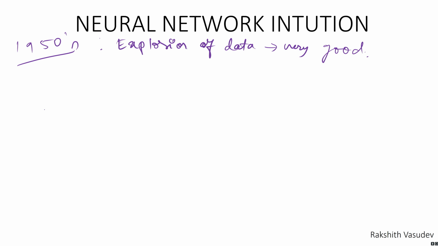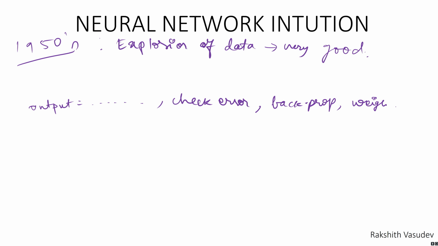However, here is what our thing is. We first get the first output. I don't want to write that equation again. You know it: sigmoid of W1 x1, W2 x2, W3 x3, and then you check for errors, check how bad the model is. Then you back propagate. Once you do this back propagation process, you update the weights.